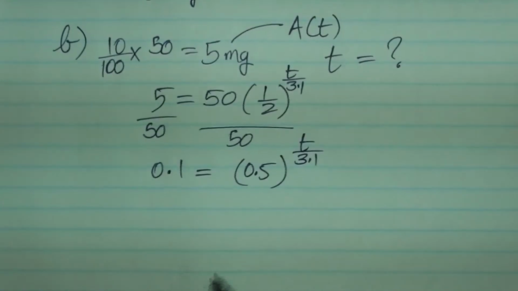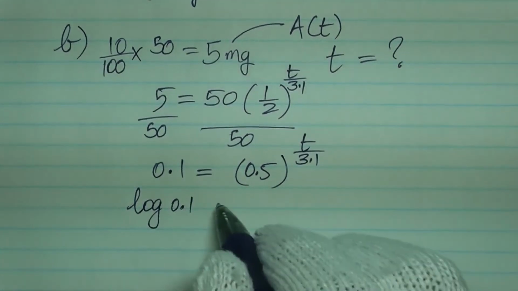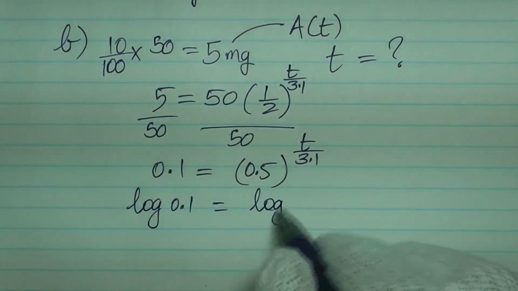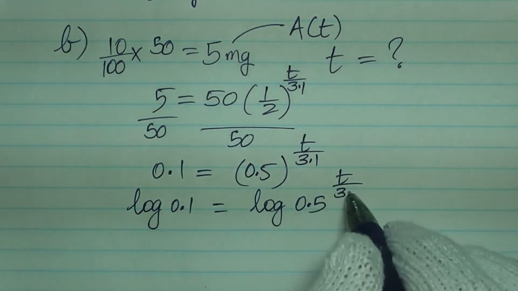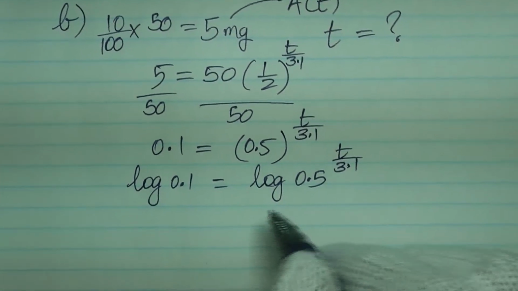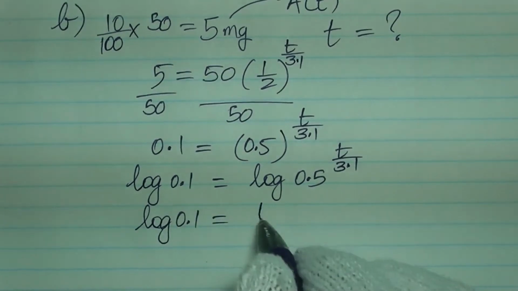Now, take the log of both sides. This is going to give us log 0.1.